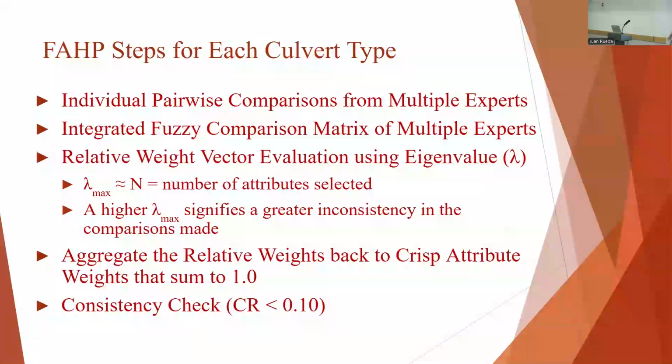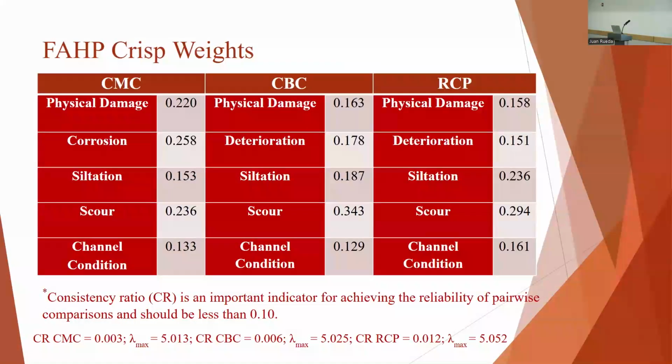And then what we take is that relative weight vector and then normalize it, and that will get us back to a crisp number, and all those numbers will sum to 1. And then we do a consistency check to see if it's okay. So here are the data that we got for the 3 types of culverts.